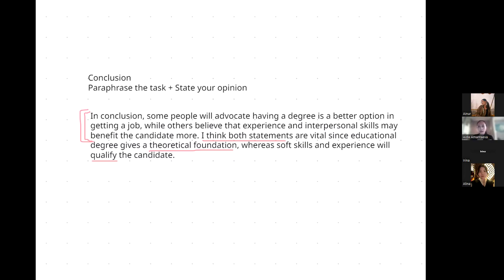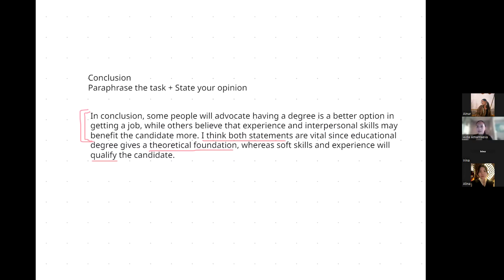However, that's your argument. So having a prestigious work and better wealth, you should cover them in your main body. For example, when you write your main body, you should also add them as your arguments. Okay?